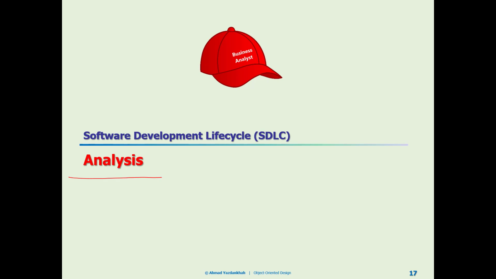All right. So let's see what analysis is. What is the goal of analysis? We said that we have the problem right now in the problem statement document. So the problem is clear for us, almost clear for us.